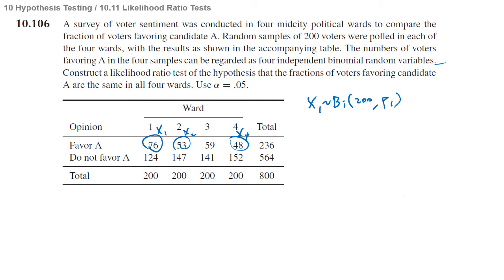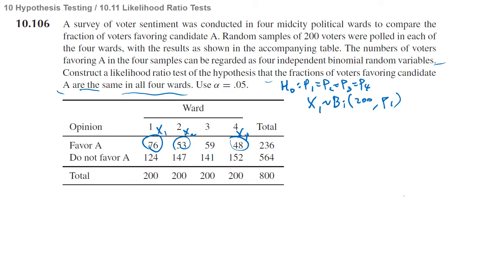And construct a likelihood ratio test of the hypothesis that the fractions of voters favoring candidate A are the same in all 4 wards. So the H null is all 4 fractions are equivalent: P1 is equal to P2 is equal to P3 is equal to P4.